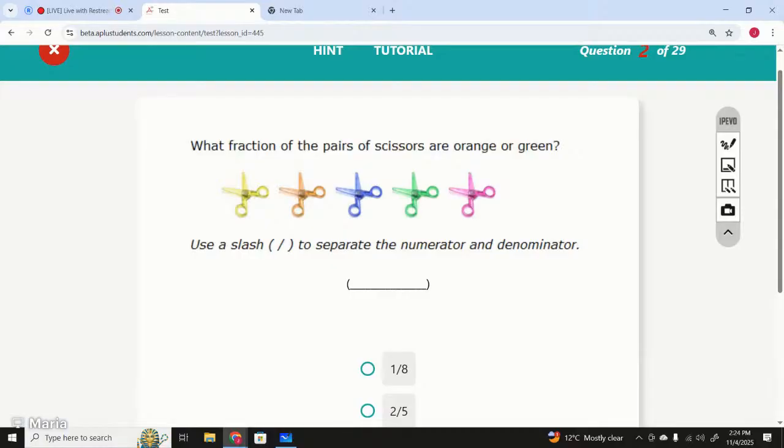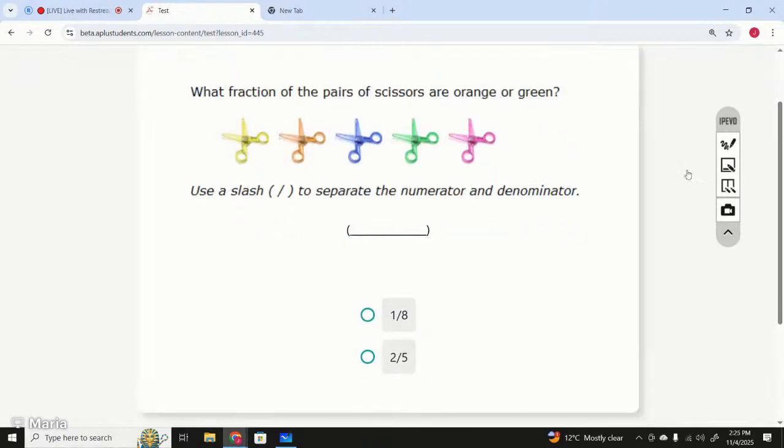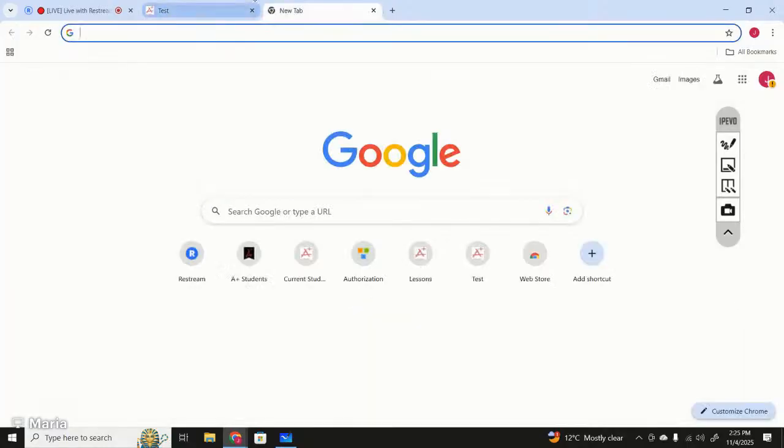What fractions of the pair of scissors are orange or green? 2 by 5 it is, right? Option number 2 is the correct option.